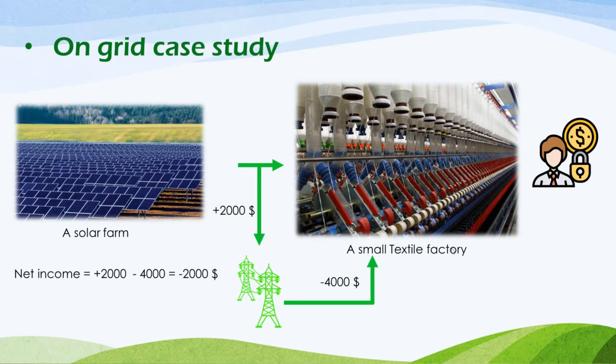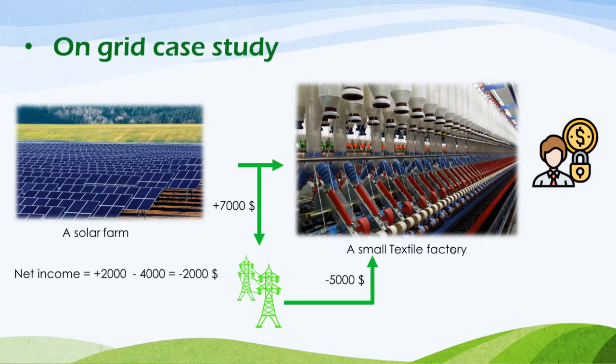And at first glance you may think that the owner is losing money as he's still paying money. But in fact, the owner has reduced his factory electric bill from $4,000 to only $2,000, and this indeed is a good gain. But suppose now that this farm is producing $7,000 instead of $2,000, and at the same time the factory consumes $5,000 instead of $4,000.